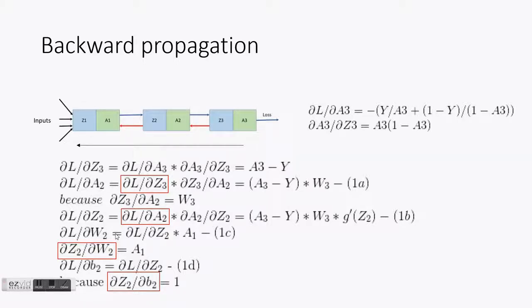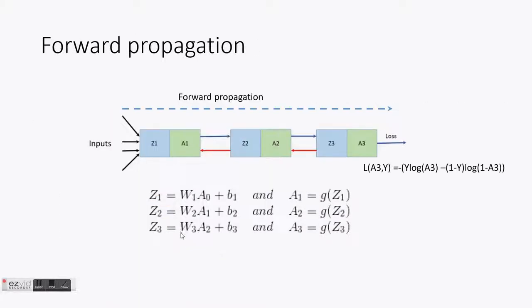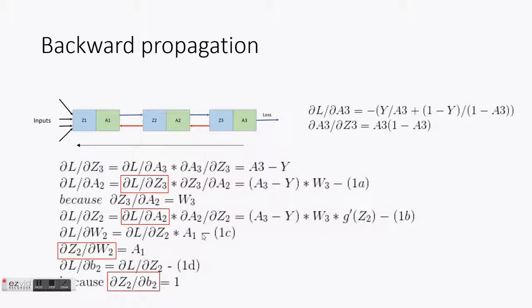Dou L by dou Z2 we keep as it is, and dou Z2 by dou W2 is basically A1, so we write it as A1.